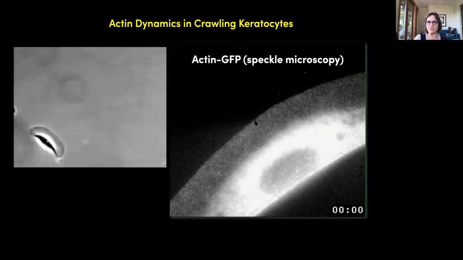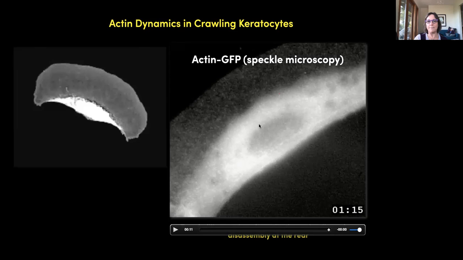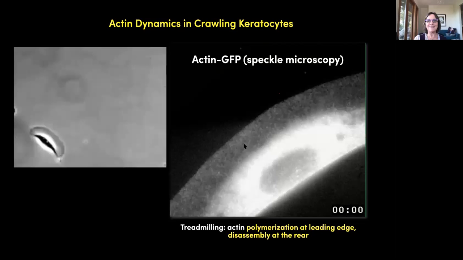There's growth at the edge of the cell, and there's retraction of actin at the back. That treadmilling behavior is what enables the cell to move forward.